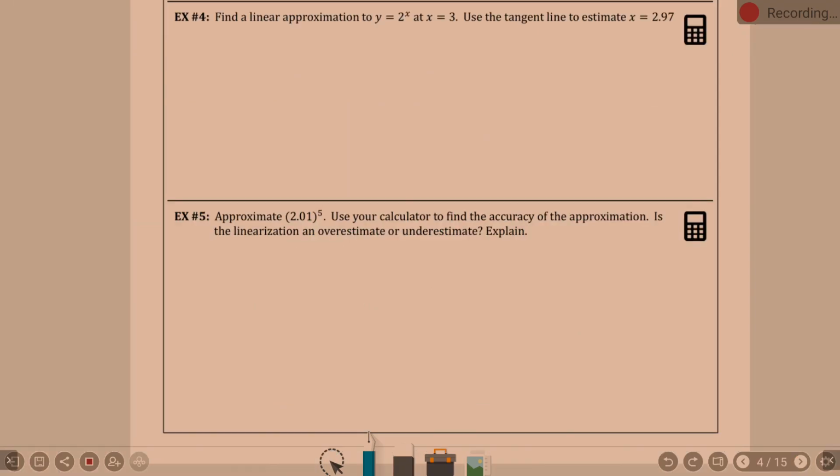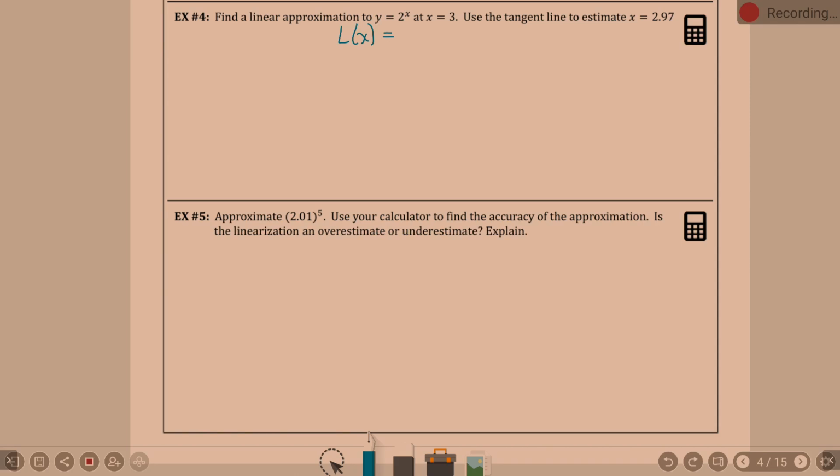Find a linear approximation to y equals 2 to the x at x equals 3. Use the tangent line then to estimate x equals 2.97. So in order to do our linear approximation, what do we need? Essentially, we need an equation that's going to consist of the point and the slope, yes?